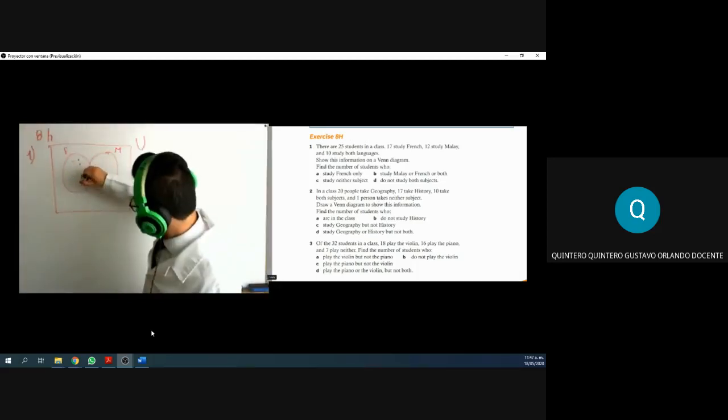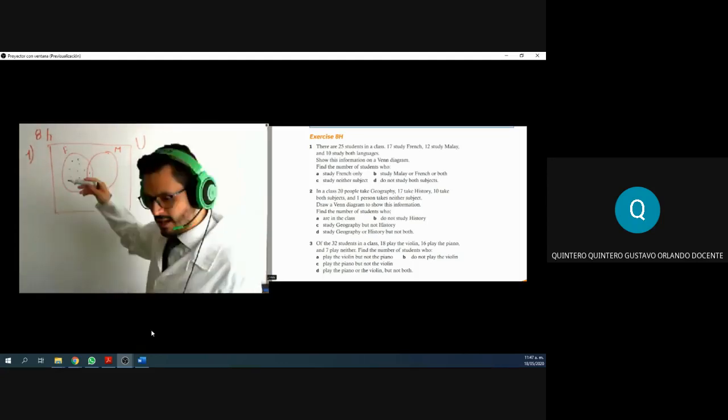Instead of doing 17 dots, why don't I just write the number 17? It's a little bit easier, right? Instead of having to do all of that, I can just write 17.